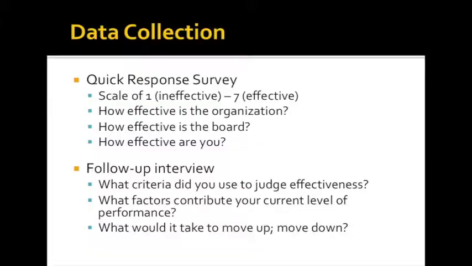We asked how effective was your board and how effective are you. I'm not going to talk much about this one today. It's an interesting second question, though, about the individual capacities of the leaders. What we really were curious about, the most interesting part of the conversation, was this question right here.